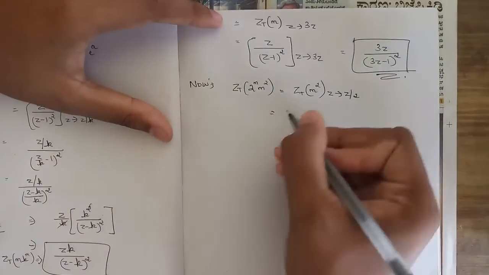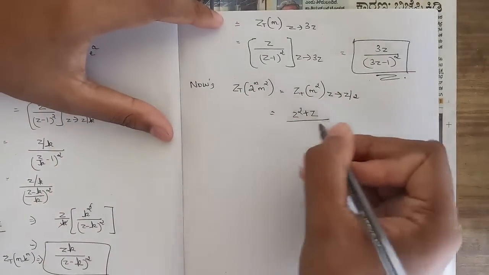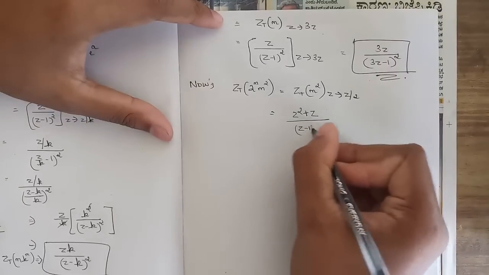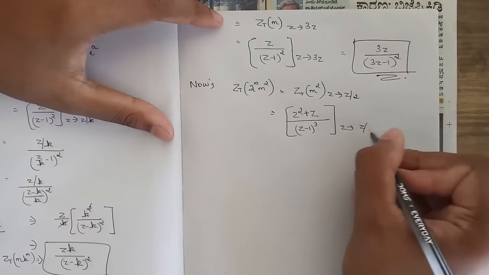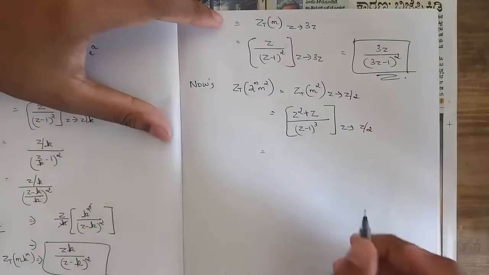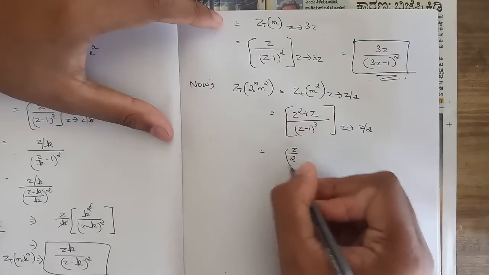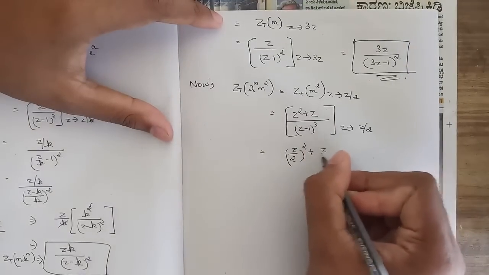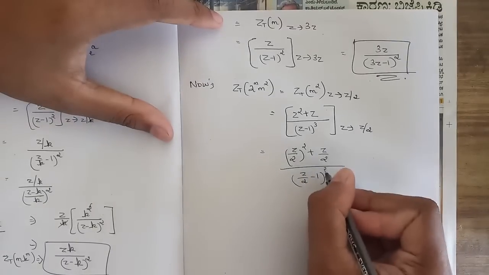So now we know that the Z transform of n square is Z square plus Z divided by Z minus 1 whole cube. Z is replaced by Z by 2. So now replace all the z by 2. So this becomes z by 2 whole square plus z by 2 divided by z by 2 minus 1 whole cube.